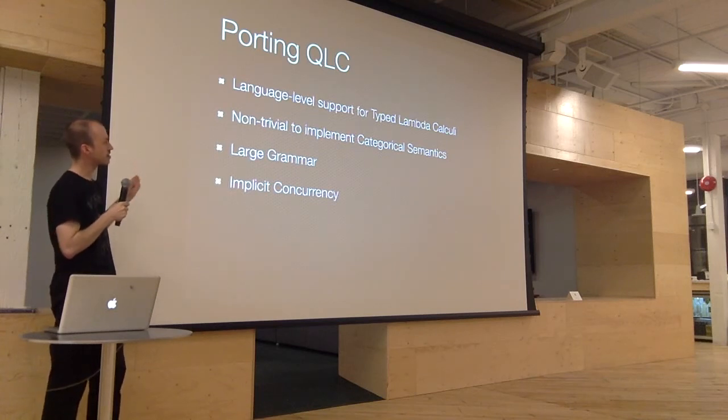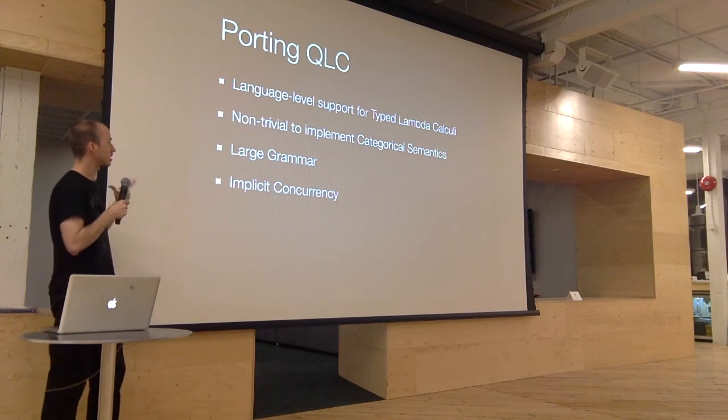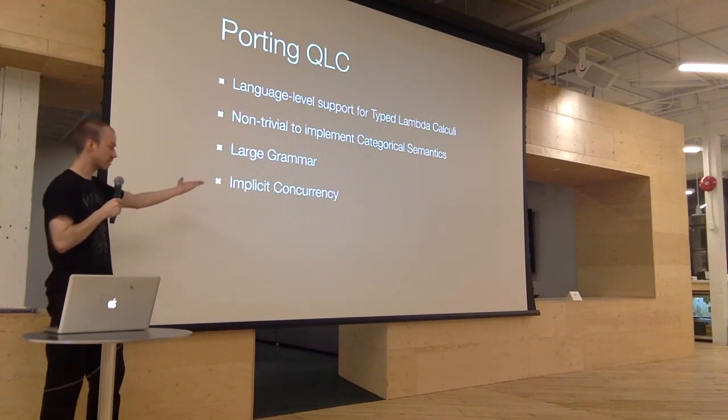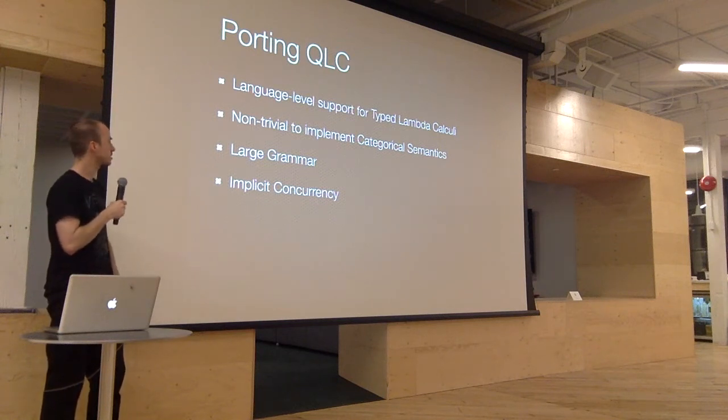So, a few of the challenges that you face when you want to port the quantum lambda calculus is that you need support for the type lambda calculi. You need categorical semantics. So, monads, monoids, functors. Provable mathematical purity. Outside of Haskell and the ML family, it's not as easy to implement those as you'd like to think.